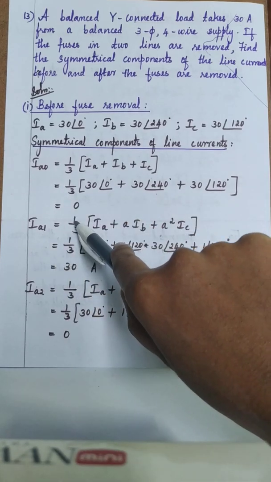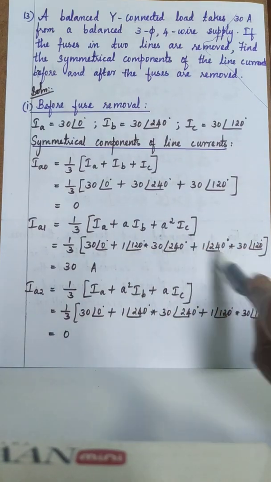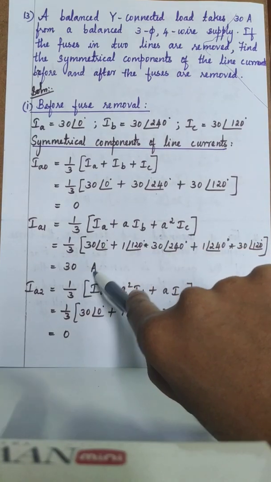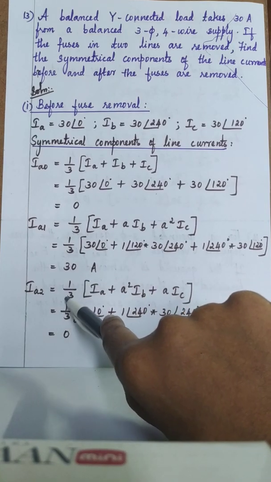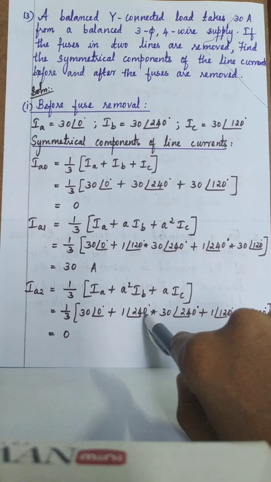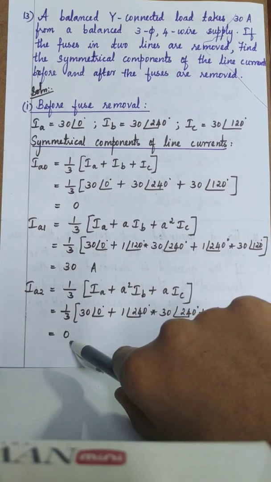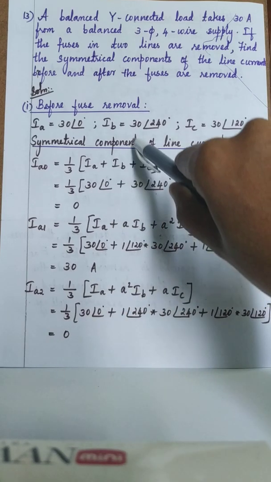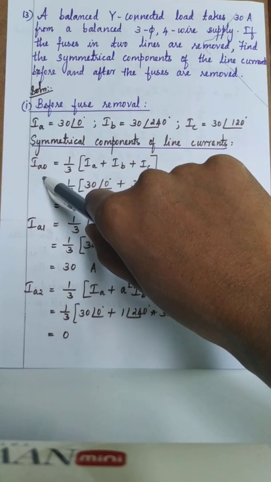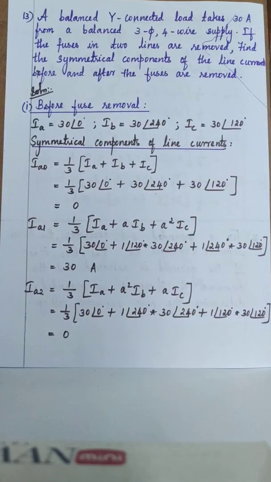IA1 is 1 by 3 IA plus AIB plus A square IC. Substitute, get the answer, which is 30 ampere. And IA2 is 1 by 3 into IA plus A square IB plus AIC. Substitute for all the parameters and get the answer, which is 0 ampere. So these are the values for symmetrical components of line currents before the fuse removal.